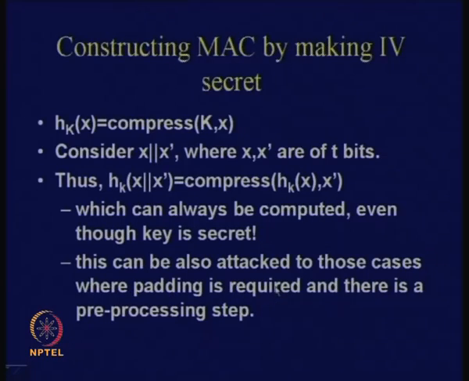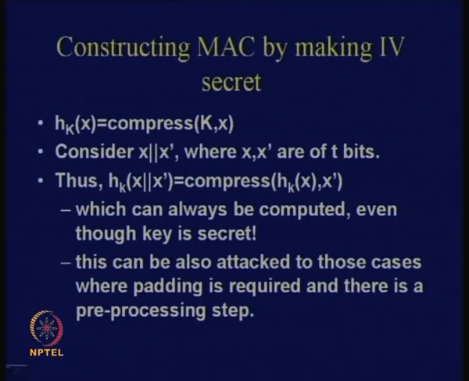This attack can also be applied to cases where padding is required and there is a pre-processing step. Padding is there in the sense that x is not a multiple of a fixed block length, say t.